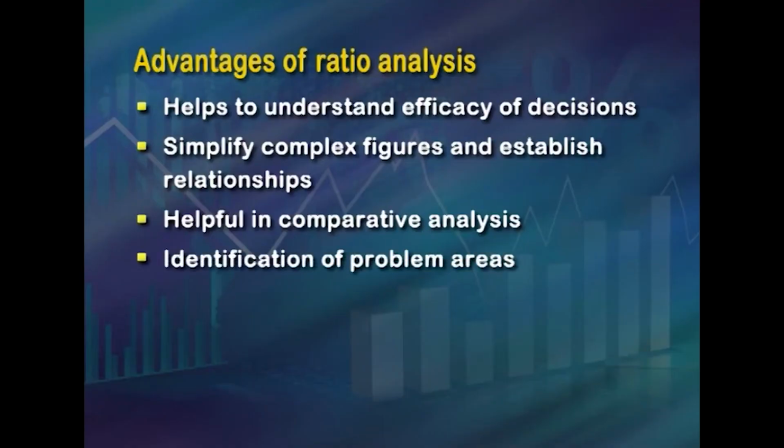Identification of problem areas. It also helps in identifying the problem areas as well as the bright areas of the business. Problem areas would need more attention and bright areas will need polishing to have still better results.